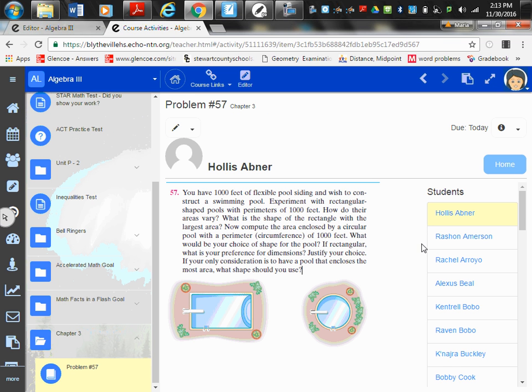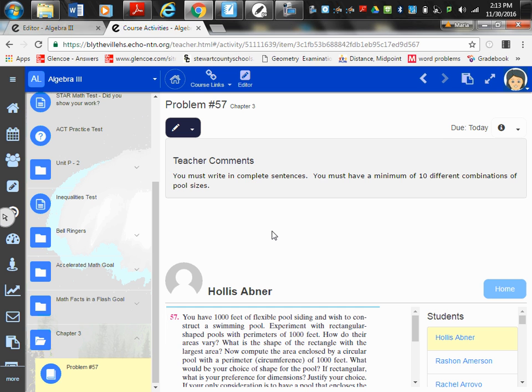Now, it is a journal type problem. One problem is the assignment. Now, let's look up here at the instructions. You must write in complete sentences. You must have a minimum of 10 different combinations of pool sizes.